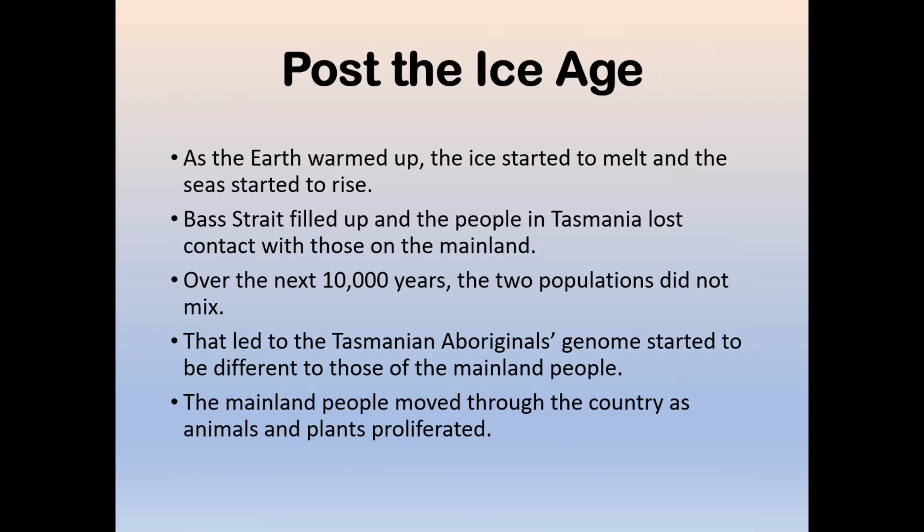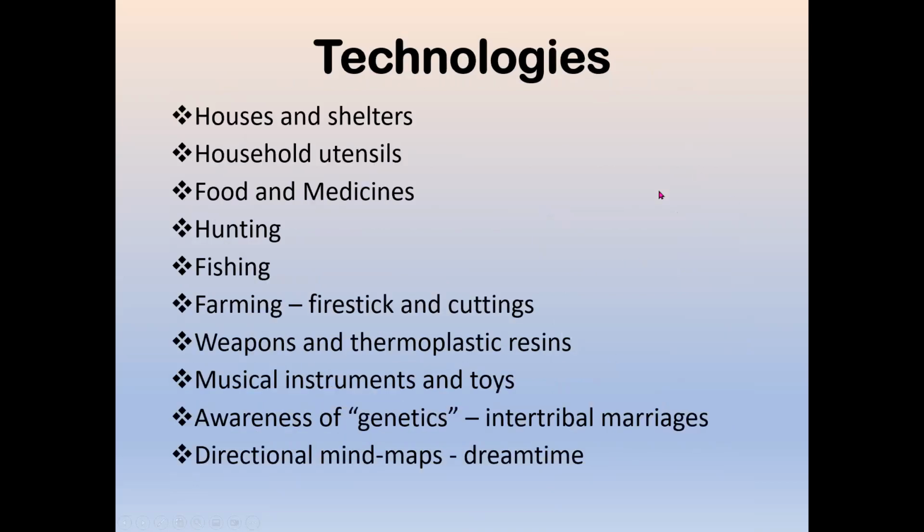The people who lived here didn't go south, and the people in the south didn't go north, so they were separated. So their genome changed. A genome is the word for the collective genetic information. The mainland people just moved through the country, and as everything warmed up, the animals and the plants grew, and everything was as it is now. So that's sort of an initial thing.